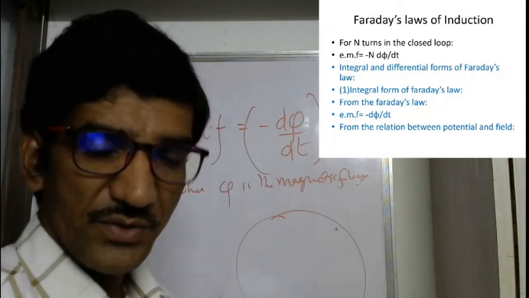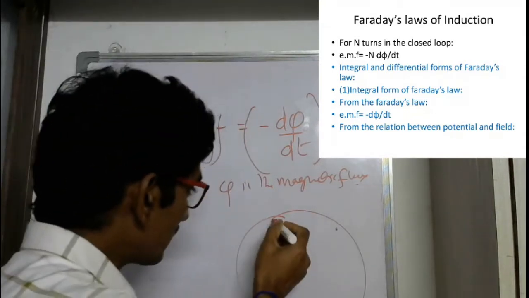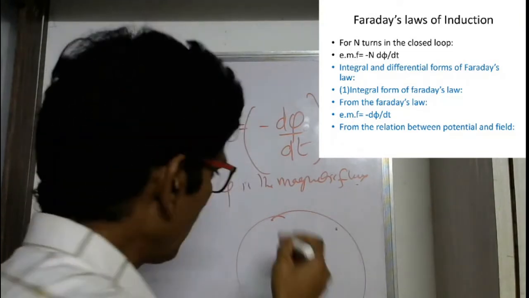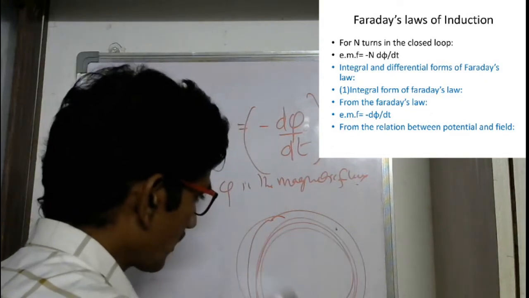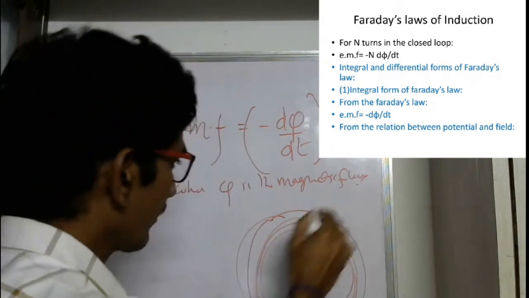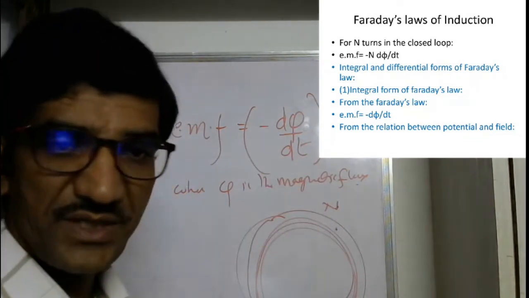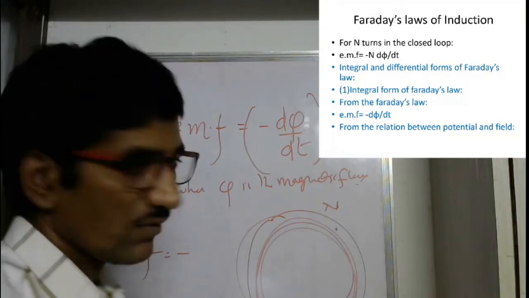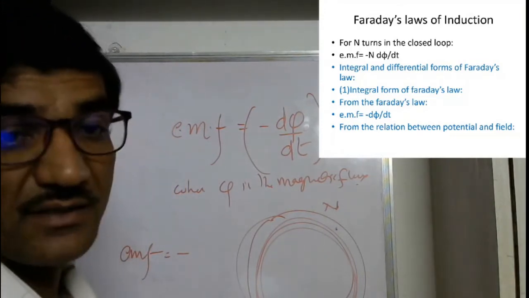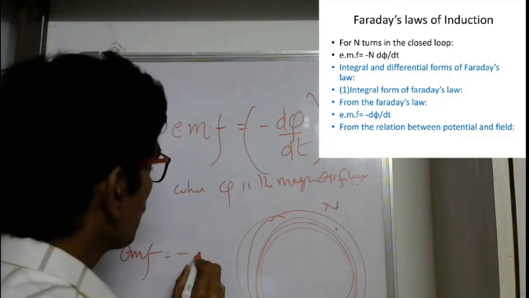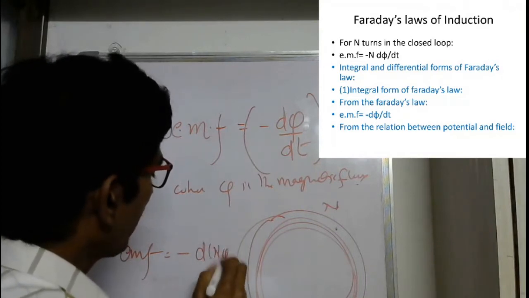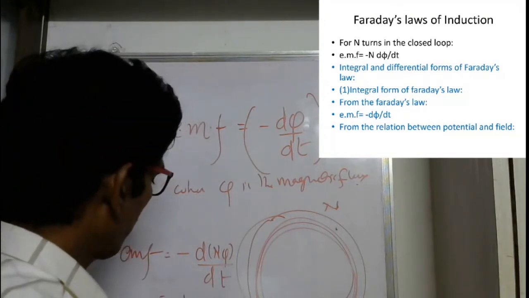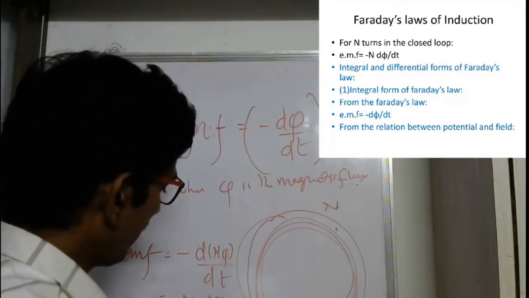Suppose that you have n turns, n such loops in your coil. Then what will be the induced EMF? EMF is equal to minus of d n phi by dt, which is equal to minus n d phi by dt.